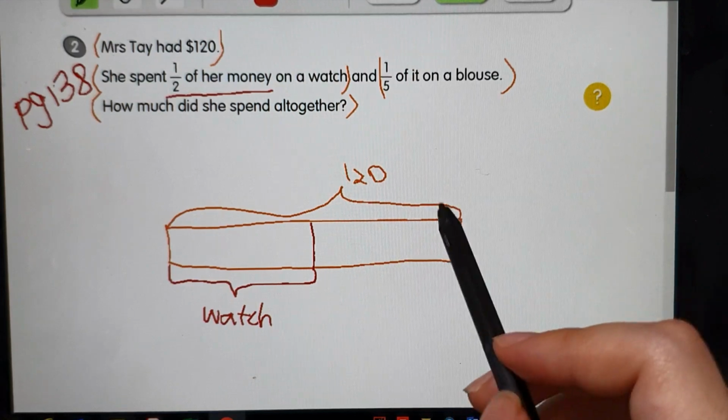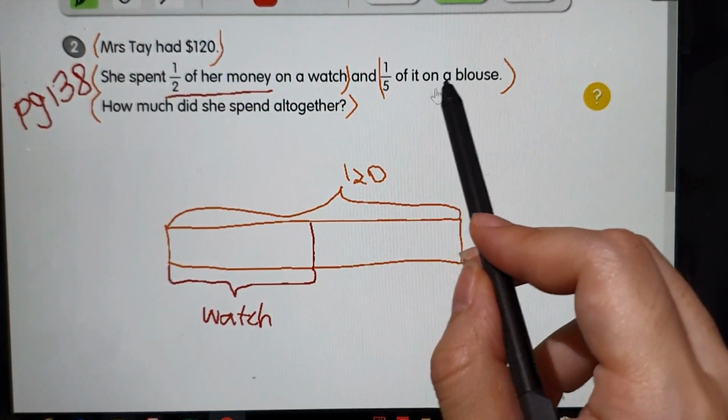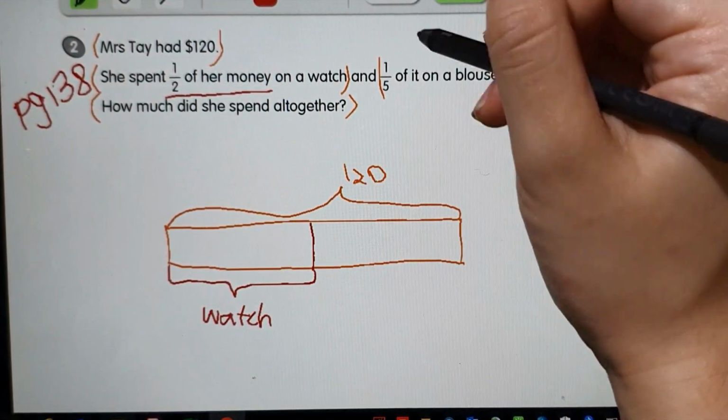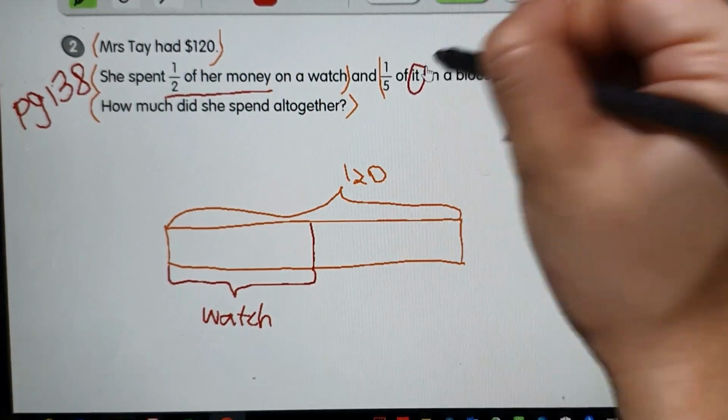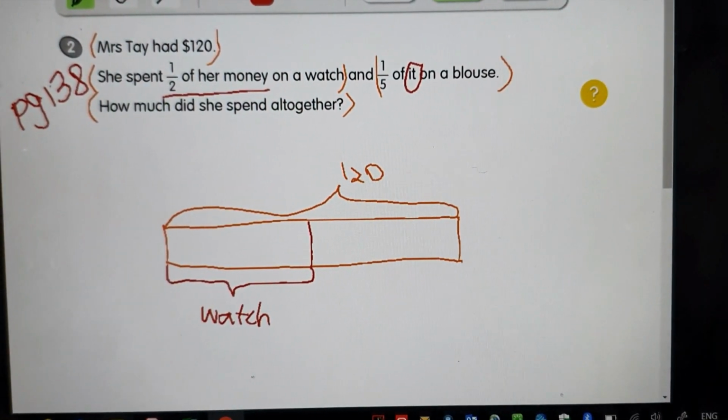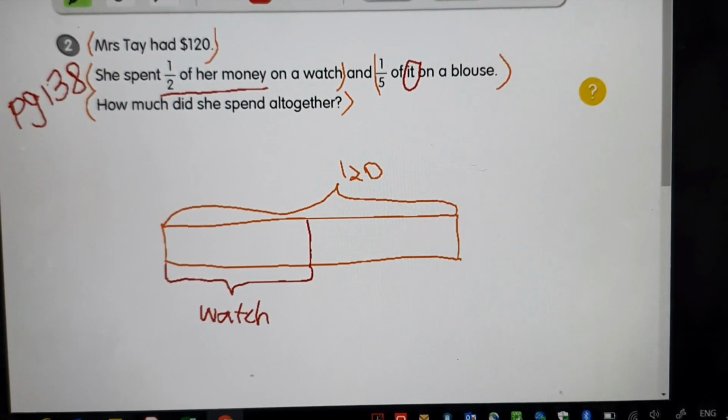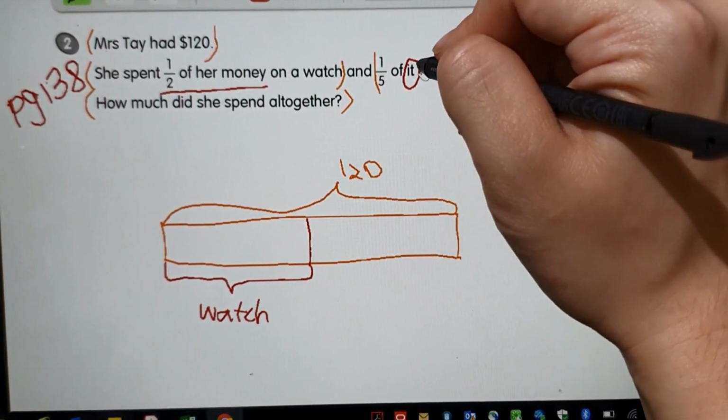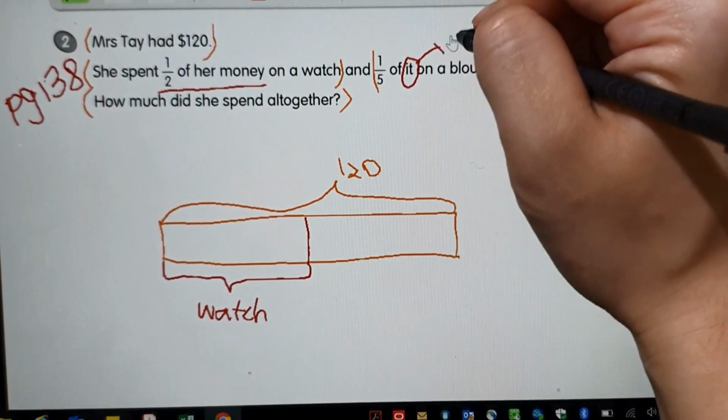So she's also going to spend 1/5 of it on a blouse. What do you think this it represents? Very good. This it refers to her money.